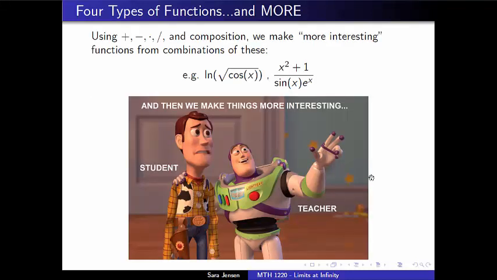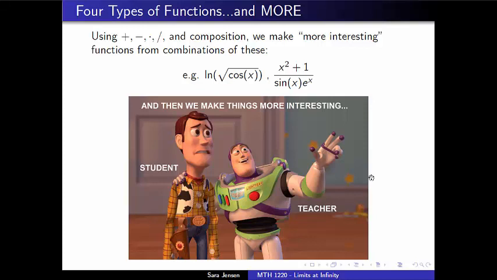Now, what math teachers like to do, once you sit down and say 4 classes of functions, that's not so bad, I can deal with 4 classes of functions, we math teachers, we like to say, let's make things a little bit more interesting. Yes, we start with 4 basic classes of functions, the ones that I listed on the previous page, and then we like to build with them.